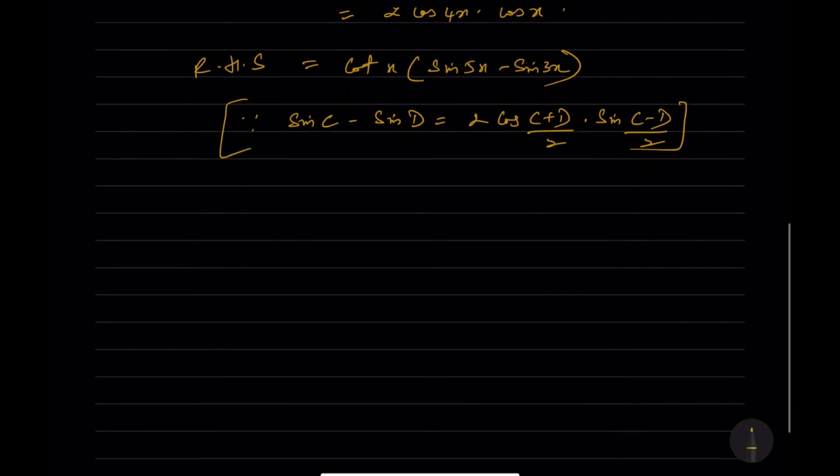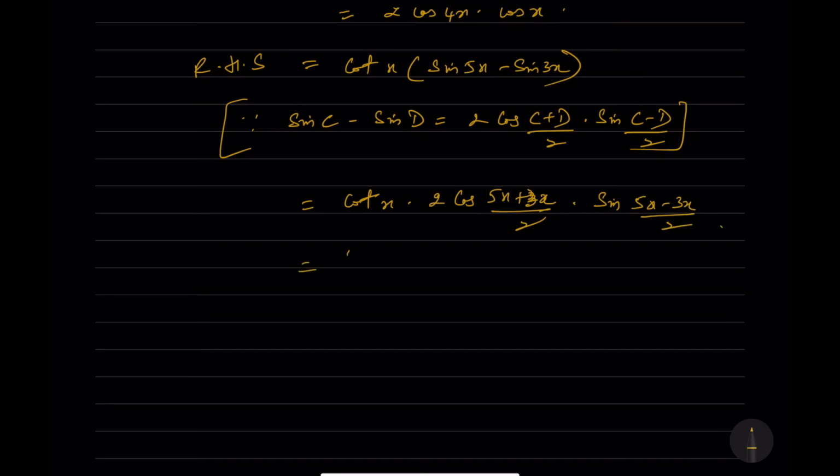So you can write this as equal to cot x into 2 cos of (5x plus 3x) by 2 into sine of (5x minus 3x) by 2.